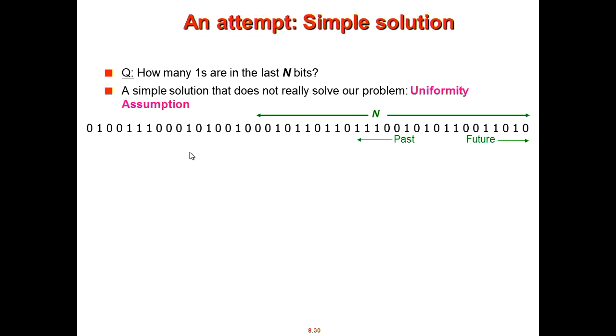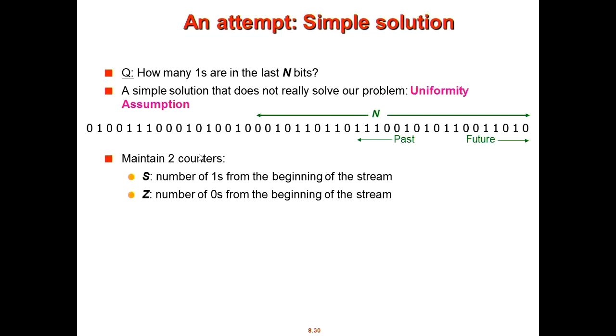One simple solution does not really solve our problem, but we can just start from a simple solution to get some ideas, to get some intuitions. We can maintain two counters. One counter is S, the number of ones from the beginning of the stream.